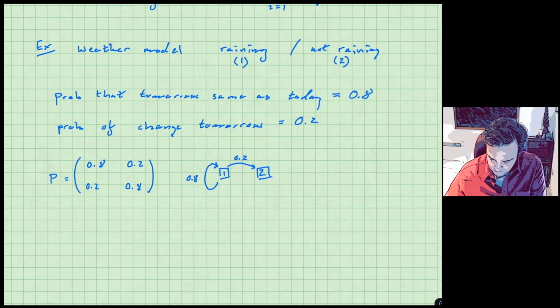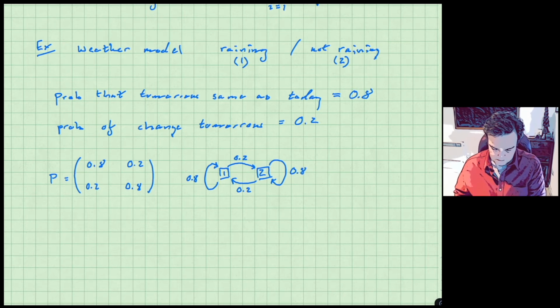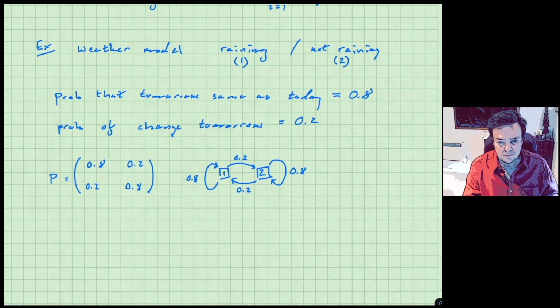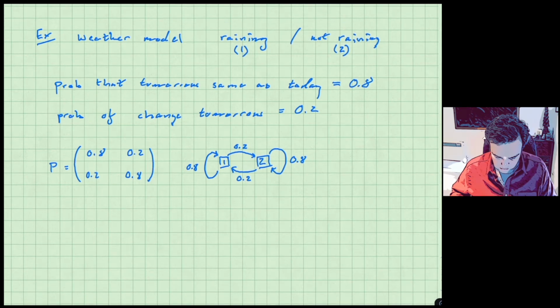If you're in state 2, the probability of going back to state 1 is a change, so that's 0.2. And the probability of staying in state 2, no change, is 0.8. All right, so that's our little weather model. It's a simple little two-state system. Let's try a harder one.